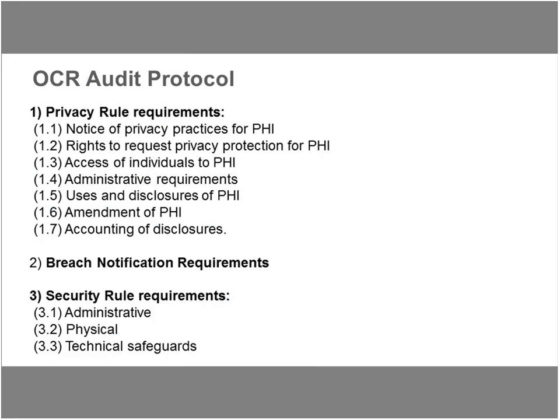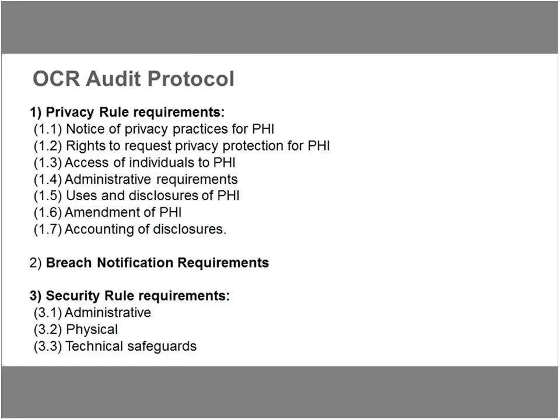So again, within that privacy, breach, and security area, here are the subdomains that they will be covering. Whether you have a notice of privacy practices for your practice in terms of how you will handle the protected health information. And if a patient requests for protection, what is the process you have, and how do you document all this information?